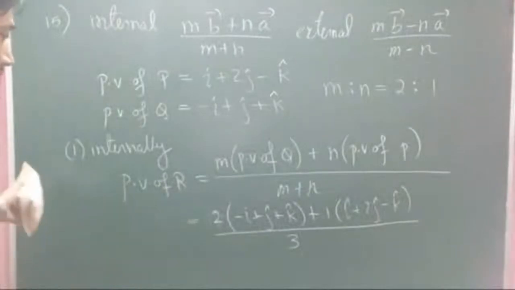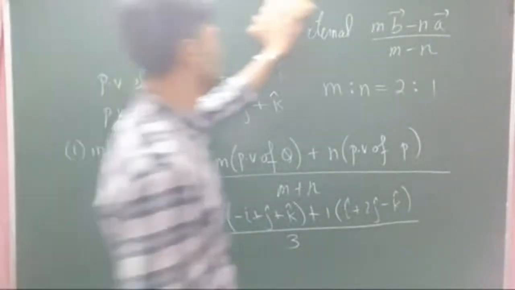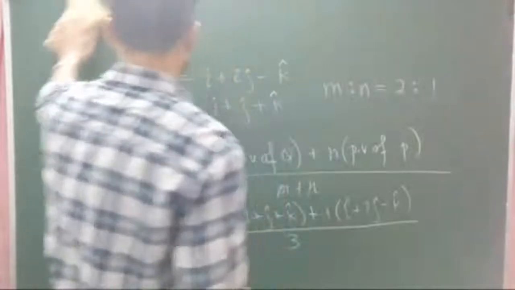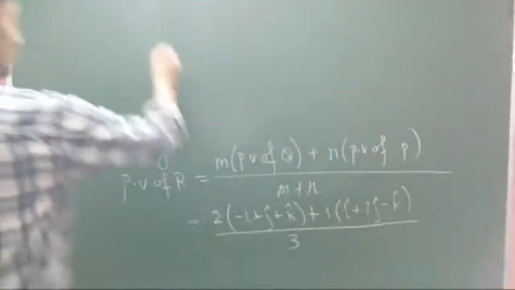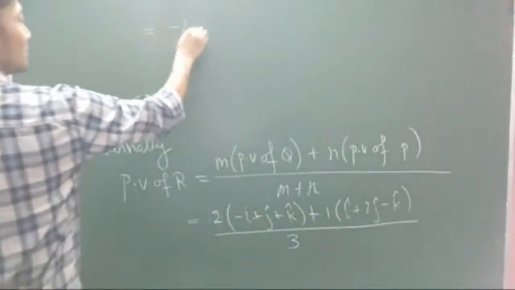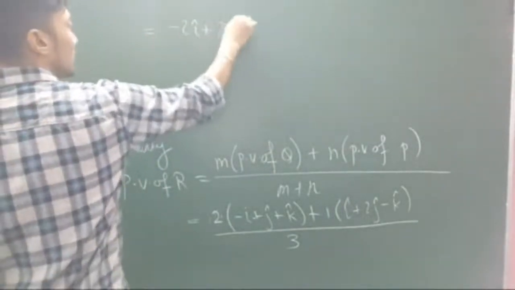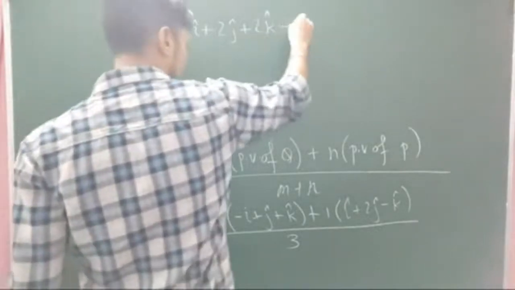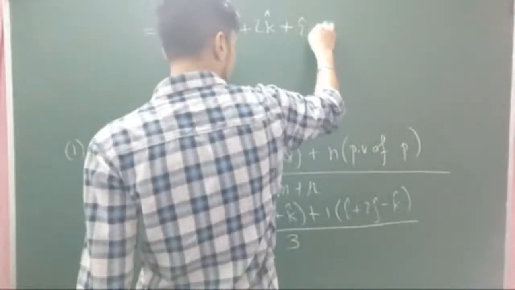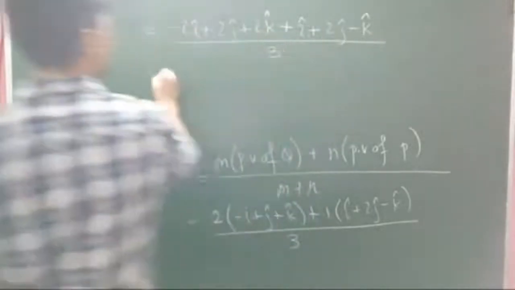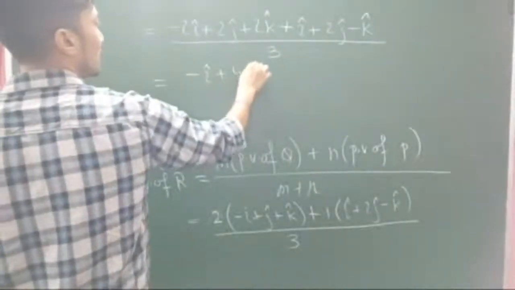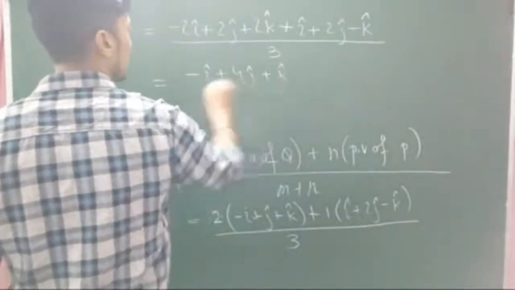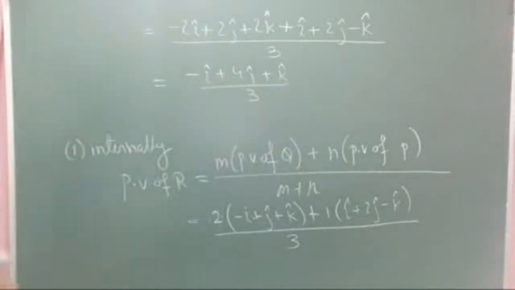So let's calculate that. So I'm going to rub this part. This one also done, no? And this one also. So that would be minus 2i plus 2j plus 2k, plus i plus 2j minus k upon 3. So 2 minus 1, 2 plus 2, 4j plus k divided by 3.